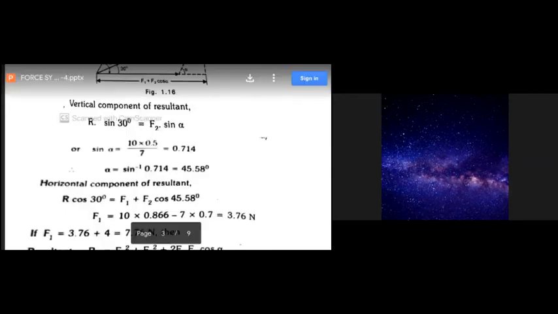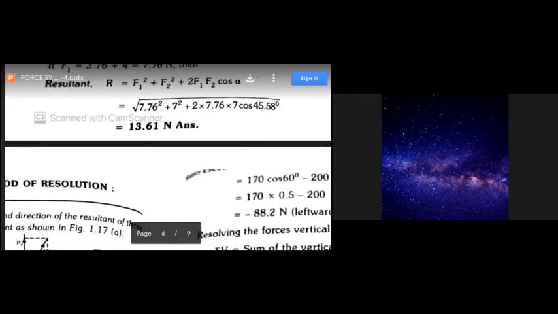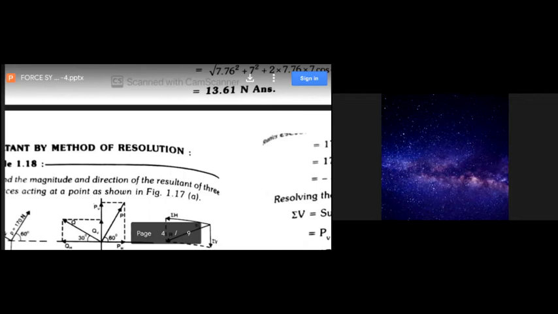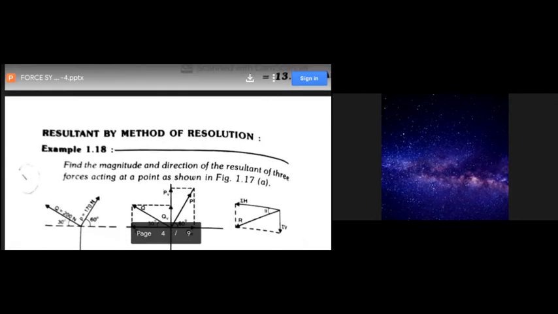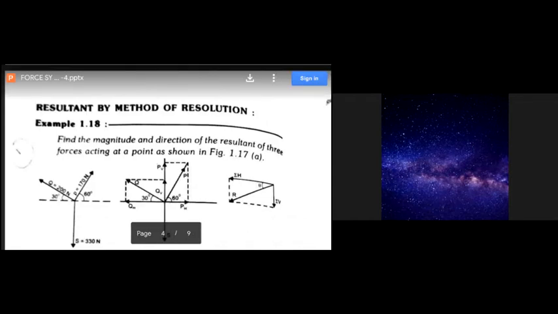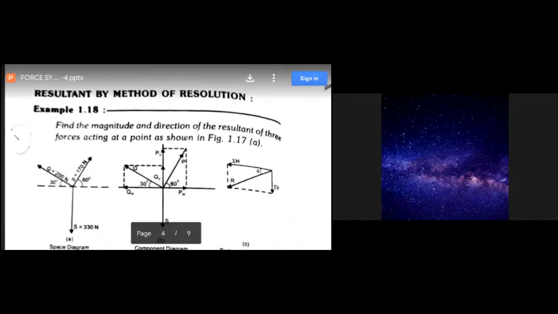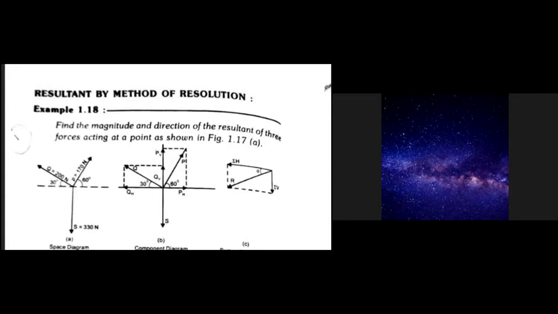Next, determination of resultant by the resolution method. So see the question: find the magnitude and direction of the resultant of 3 forces acting at a point as shown in the figure. So here we have more than 2 forces, solved by the resolution method.